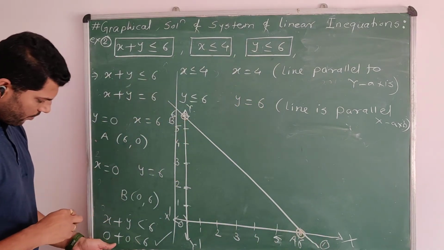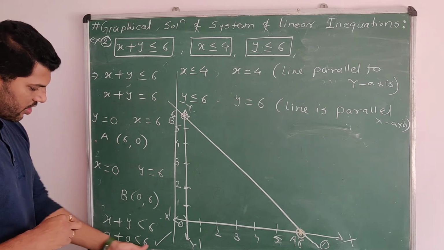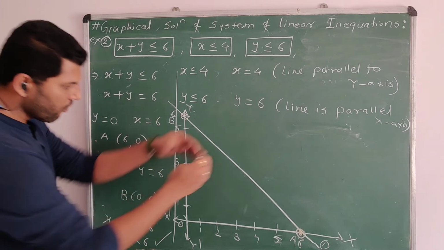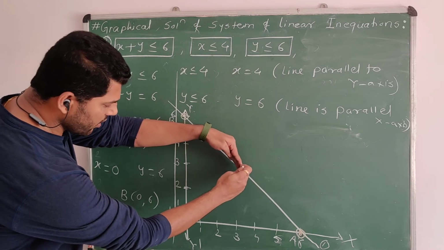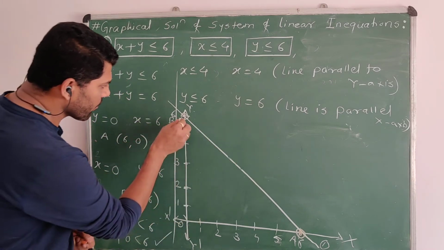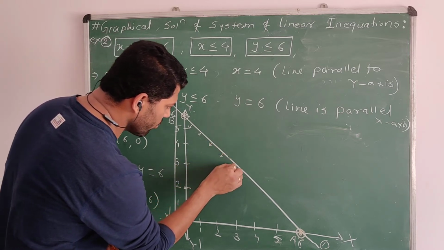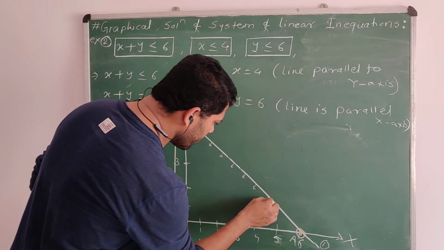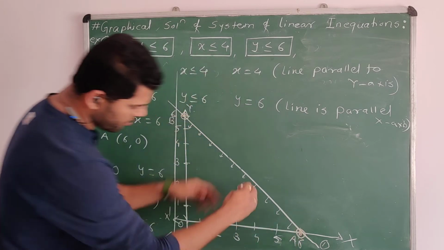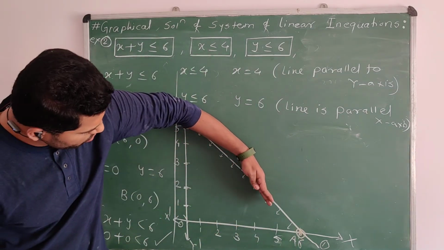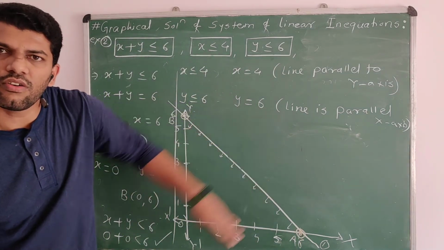For this inequality, the origin is valid, which means we have to shade on the origin side. Just don't shade, just indicate the direction. So the shaded area or the solution set lies on the origin side.